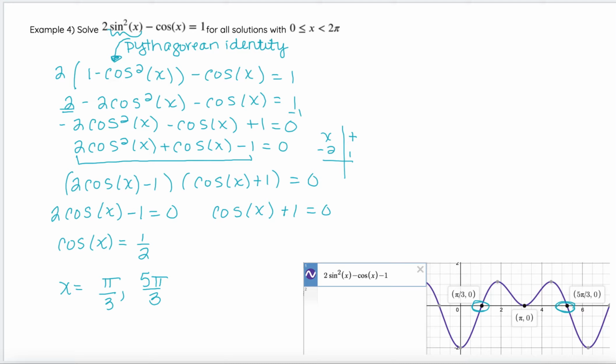And where is cosine of x equal to -1? There is one location where cosine is equal to -1, and it is at pi itself. So here's pi itself. Notice when I put this into Desmos, I set it equal to 0 by bringing the 1 from the right-hand side and subtracting it so I can identify where we are crossing that x-axis.